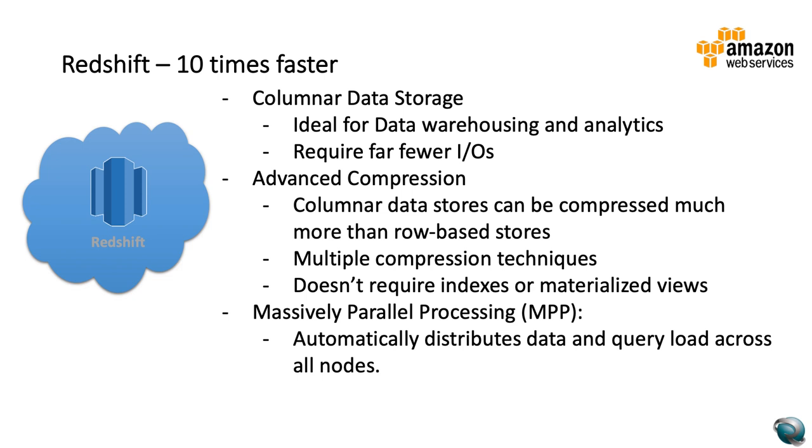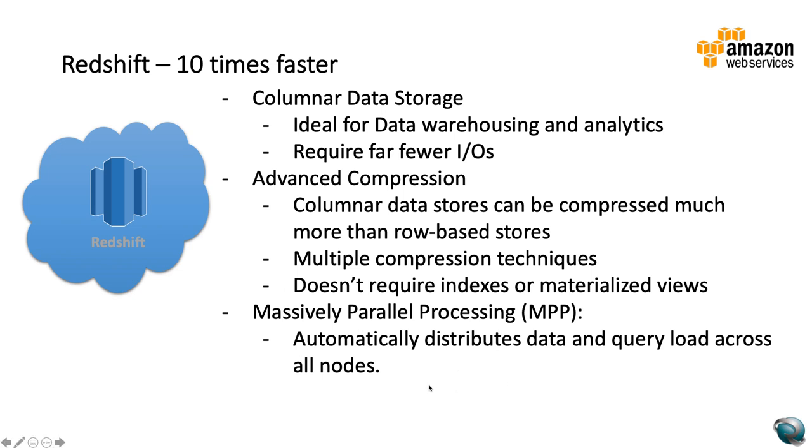Redshift, in a nutshell, is 10 times faster than your traditional RDBMS environment because it uses columnar data storage and advanced compression, so it uses a fraction of the I/O compared to the traditional environment, and massively parallel processing.